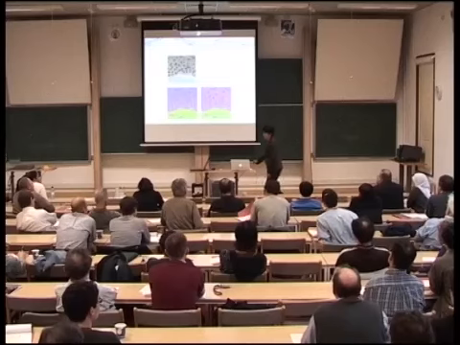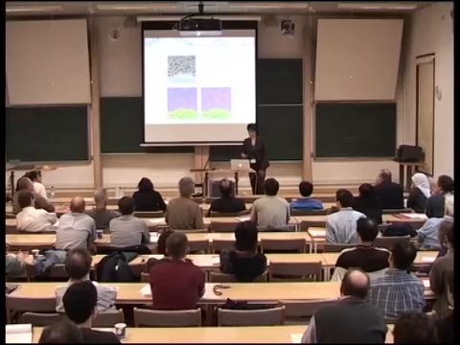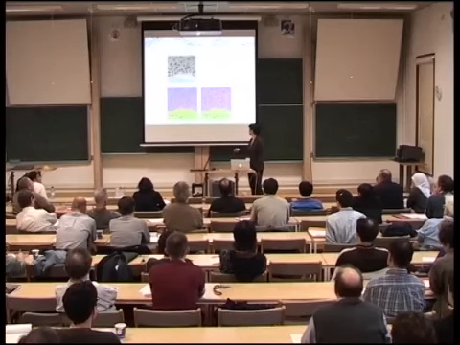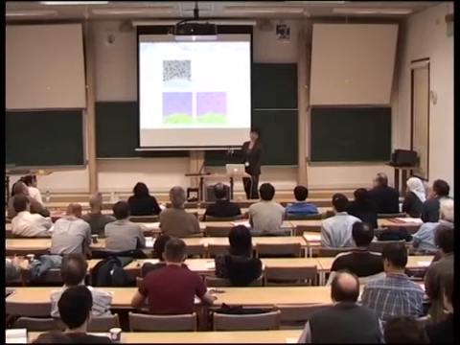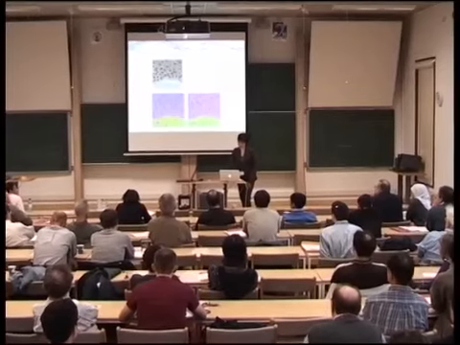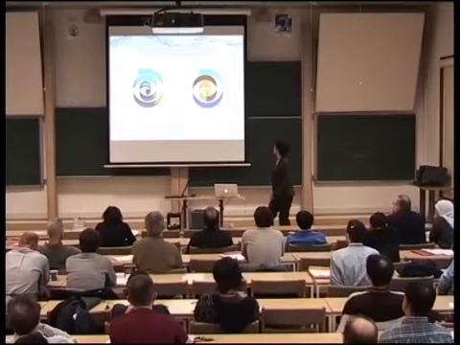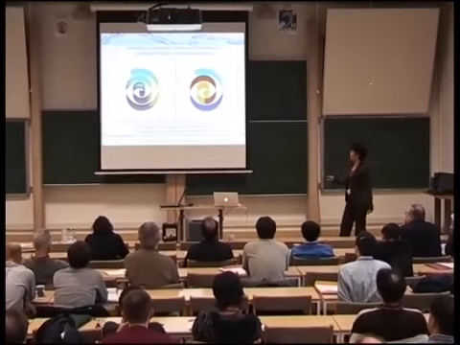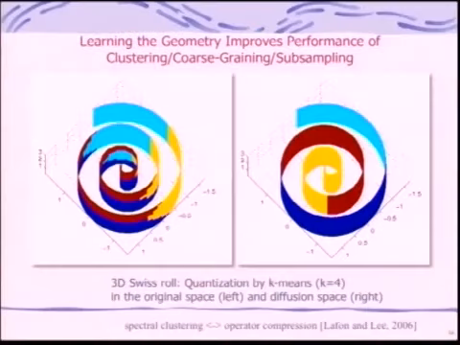Good question. I think Parth, in his next talk, is also going to show that these eigenmap methods are not just for visualization. It's important to learn the geometry. So this is just to emphasize that. Learning the geometry improves performance of, for example, clustering. Here, we apply k-means in the ambient space, and these results don't really make much sense.